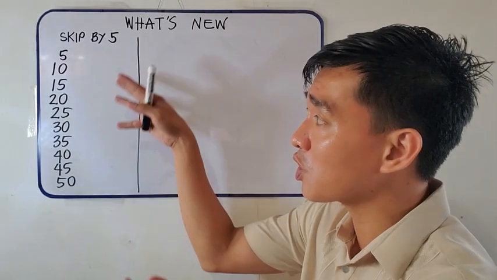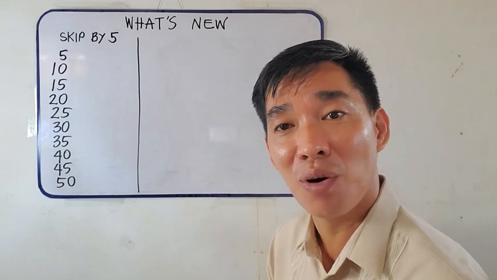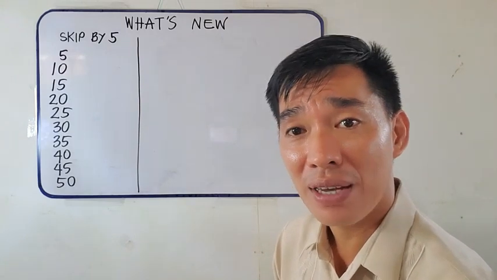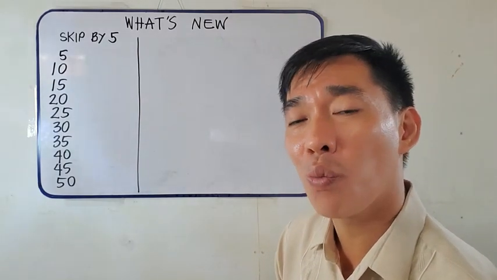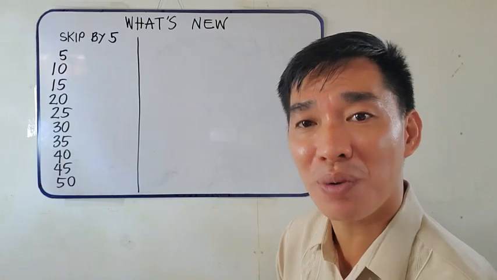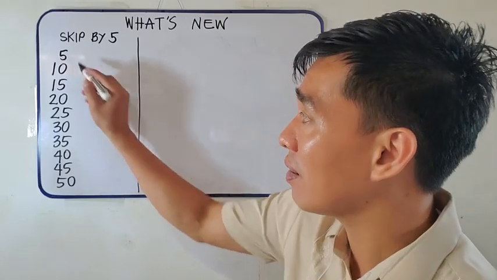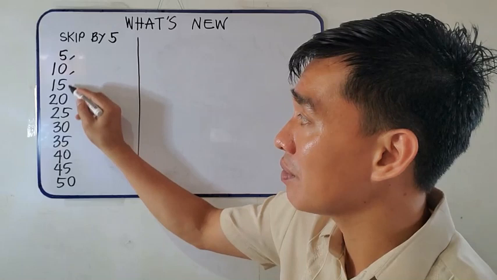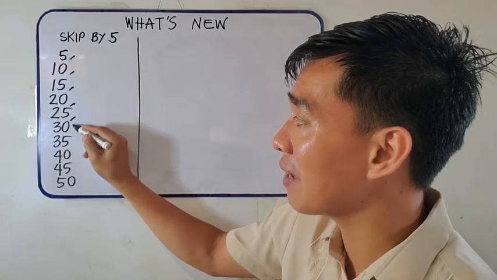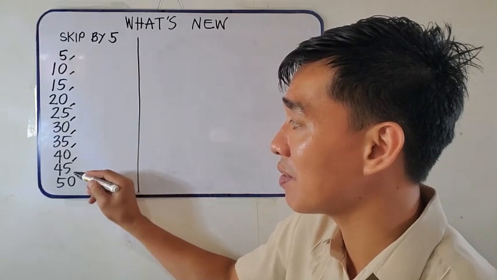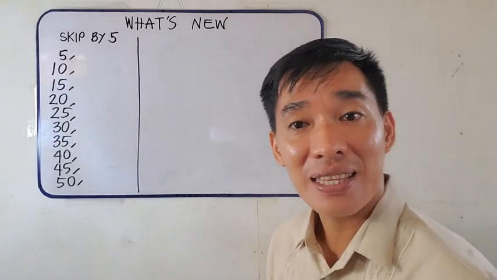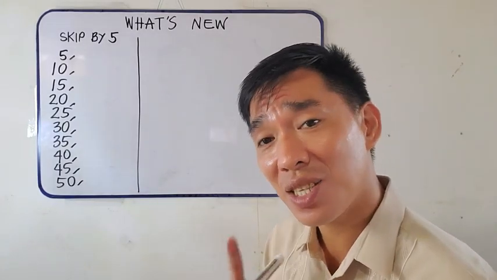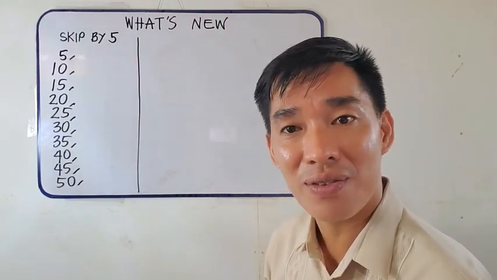But if we just get the first 10 multiples of 5, the last digit, or the ones place, of all of them are 5, 0, 5, 0, 5, 0, 5, 0, 5, 0. The pattern continues: it always ends with 5 or 0.